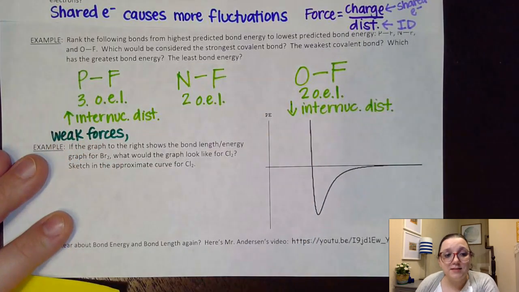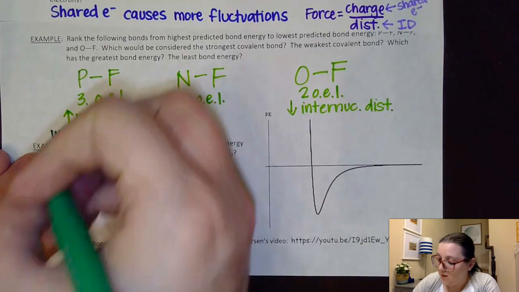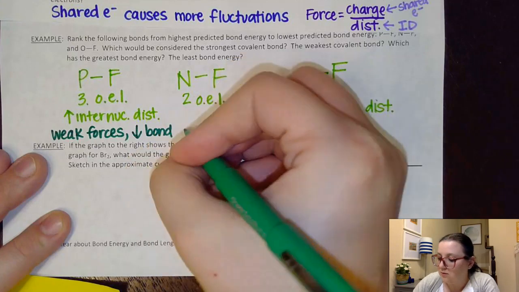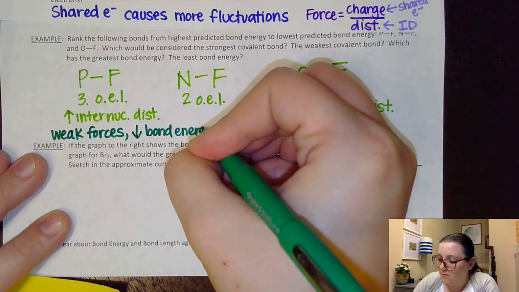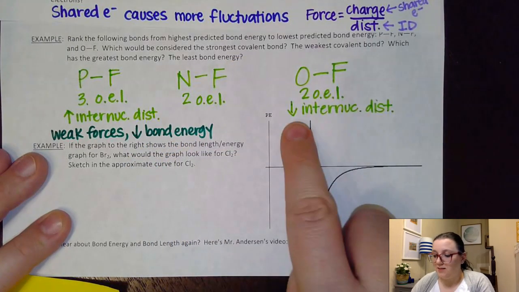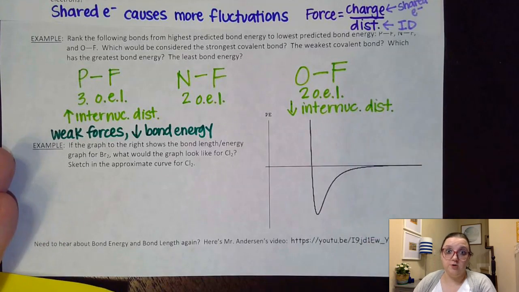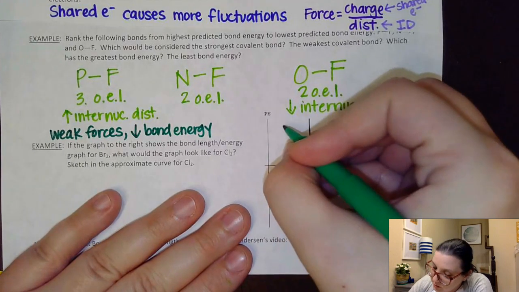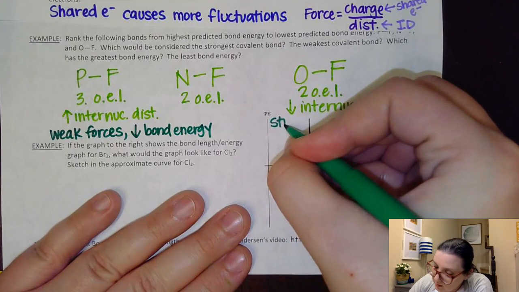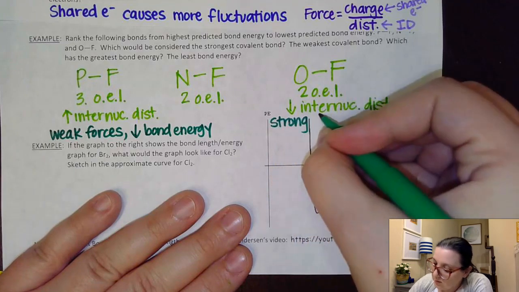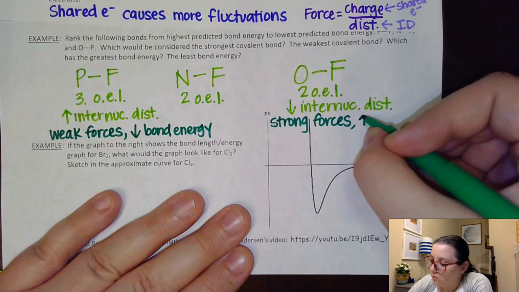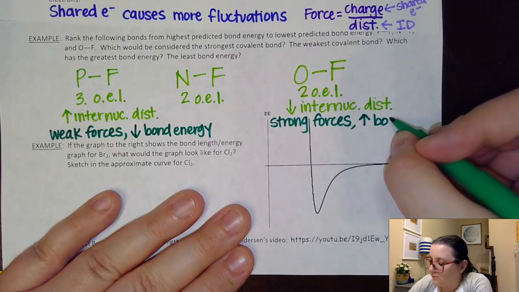Which means that this one here should have the lowest bond energy. On the flip side, this guy with that short internuclear distance, with those atoms really close to each other in the molecule, then here my forces should be the strongest. And so here I'm going to have the greatest bond energy.